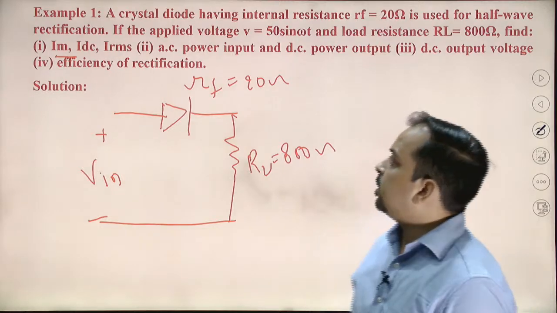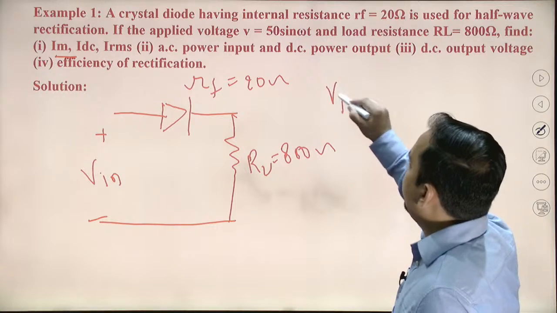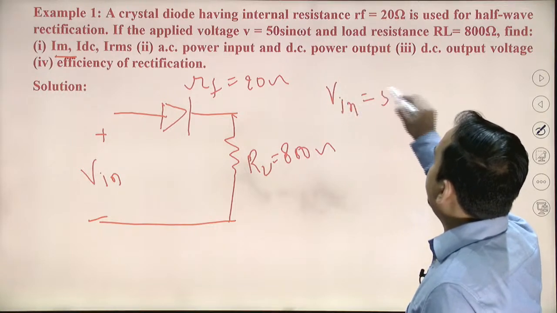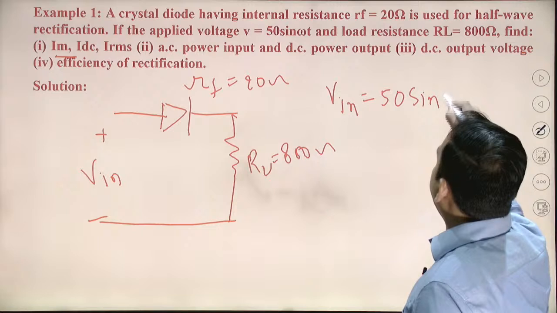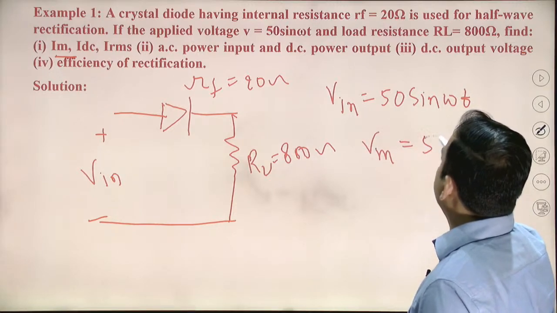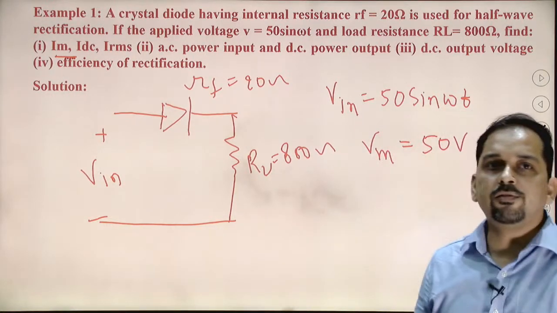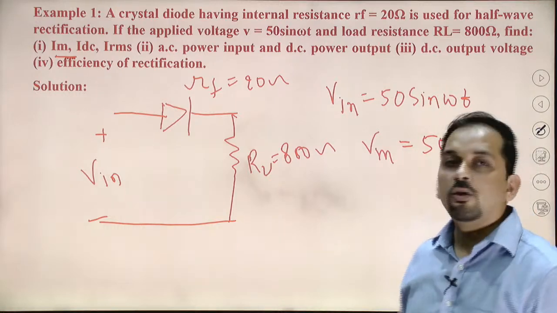So how can we solve this? We have the input signal Vin equal to 50 sin omega t. That means the maximum value of the input signal is 50 volt. So if the input is 50 volt, we can calculate the value of current.